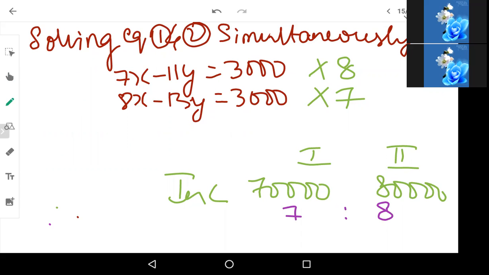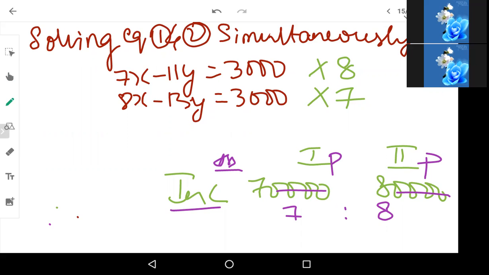This you have understood, right? This is an assumption that the income is 70,000 and 80,000. Now, if you take out the zeros here, the incomes of the first person and second person will be in the ratio of 7 is to 8. Correct?